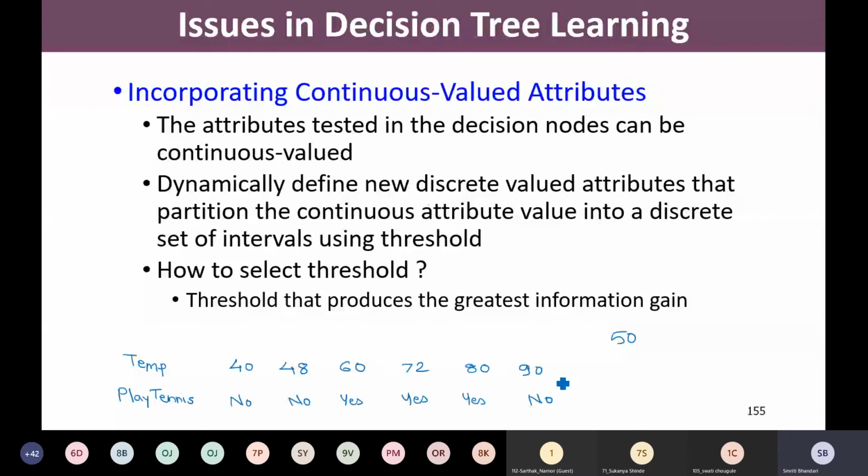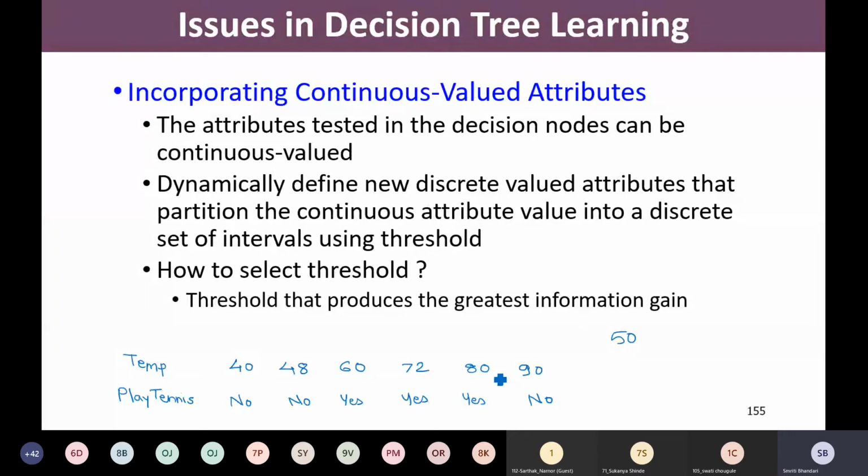So once again, how to select this threshold so that we can convert these continuous values into some discrete values. We have one strategy to select the threshold also. The threshold that produces the greatest information gain, we are going to pick that as the threshold.